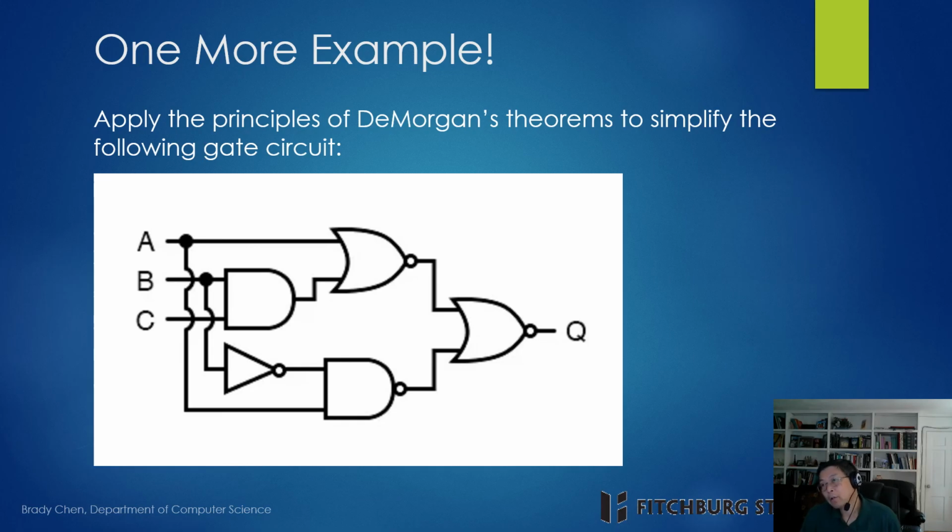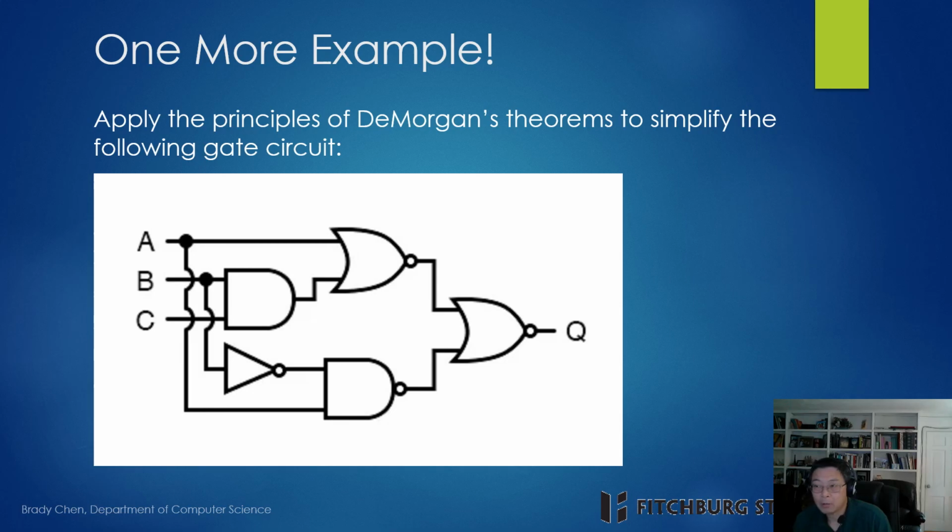Now let's take a look at another example. I want you to apply the principles of DeMorgan theorems to simplify the following circuit. Okay, now what are the steps you need to follow to do this? Let's first forget about the DeMorgan theorem. Let's first think about what the procedures are for simplifying these circuits.